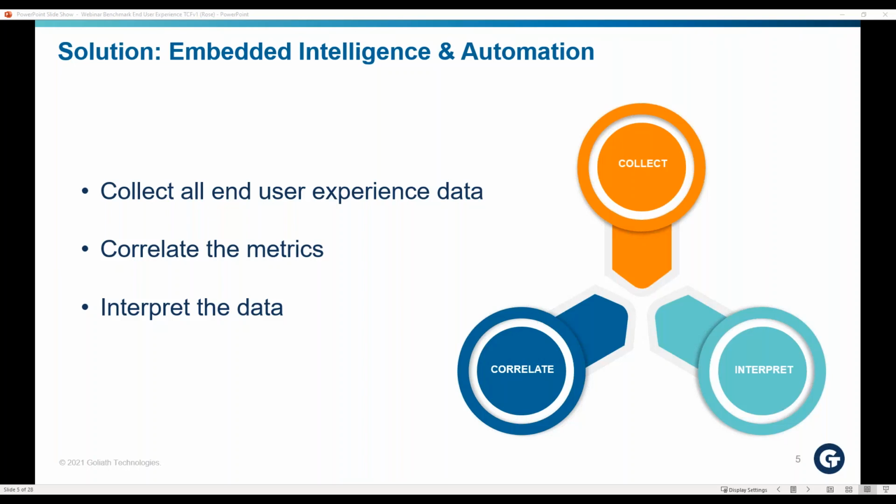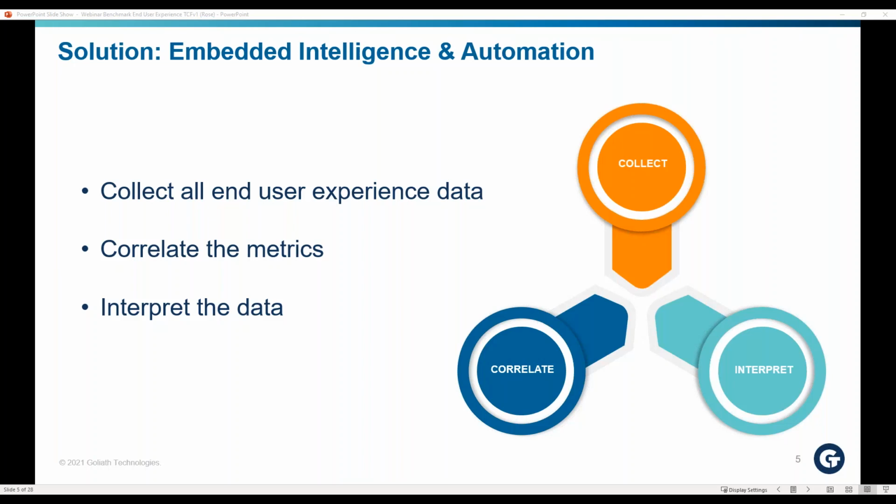So we automated this entire process of collecting, correlating, and then interpreting the data, right? Really important to automate this because it'll take less time, and you've got to interpret it so that people don't have to be a Citrix expert to be able to derive useful information relative to benchmarking.